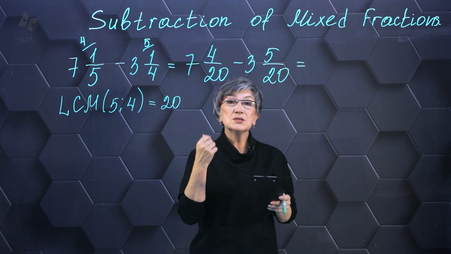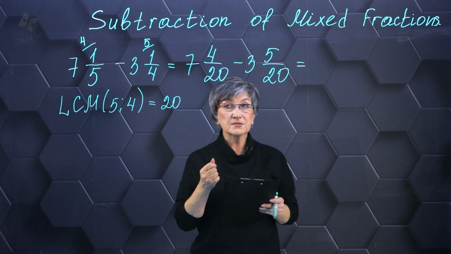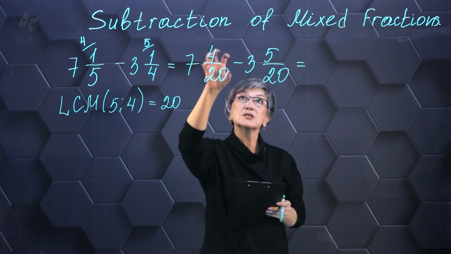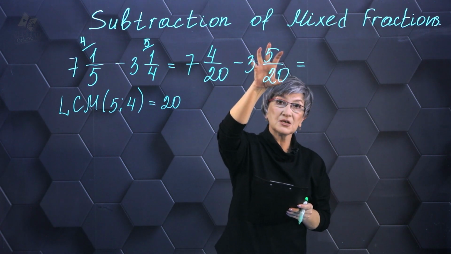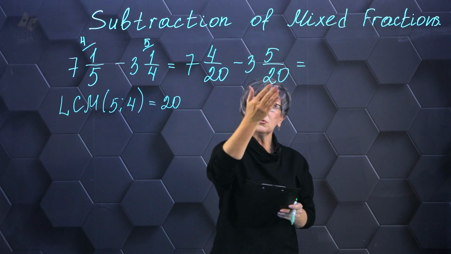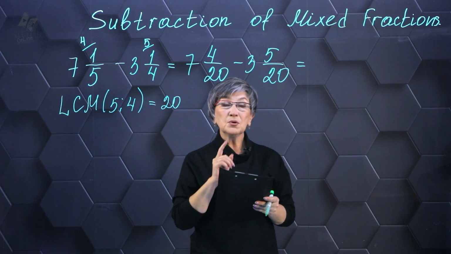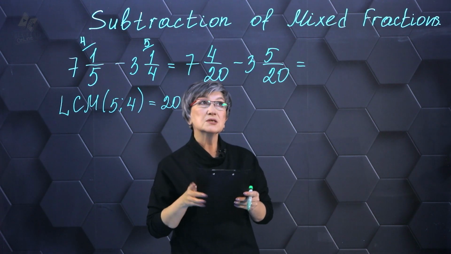Well, there is nothing unusual here at first glance, because we need to subtract a mixed number from a mixed number. Our denominators are the same, everything is fine, but let's remember our algorithm. What do we have to do?